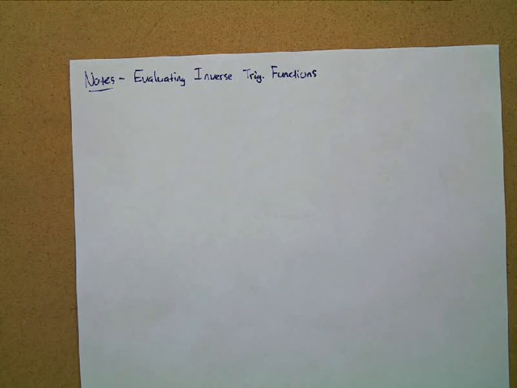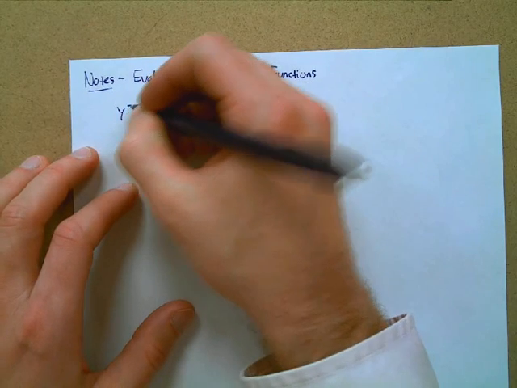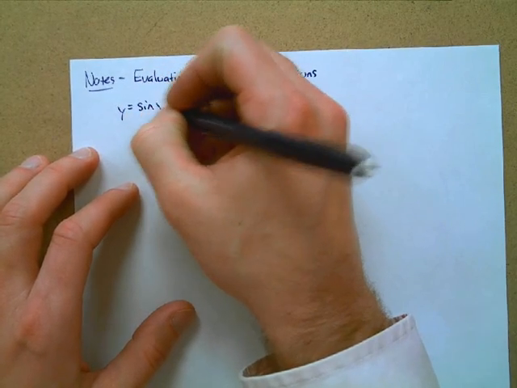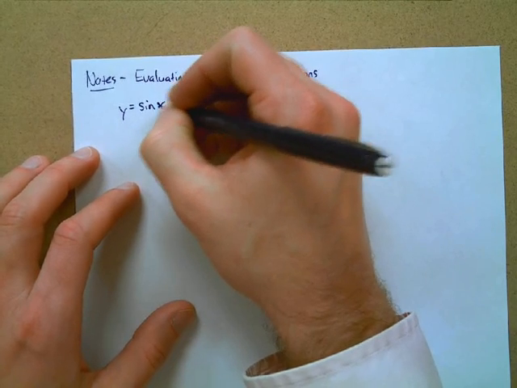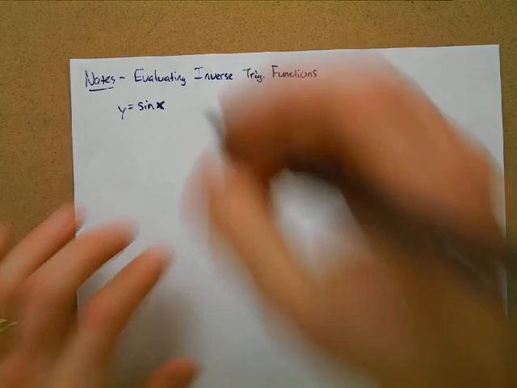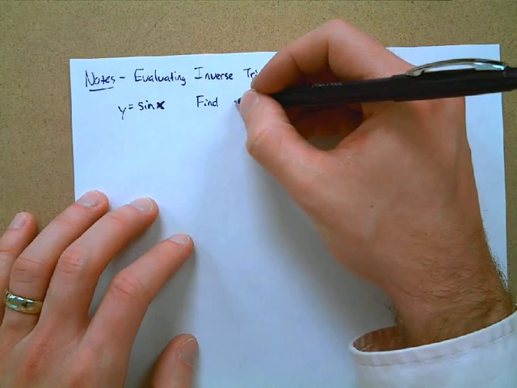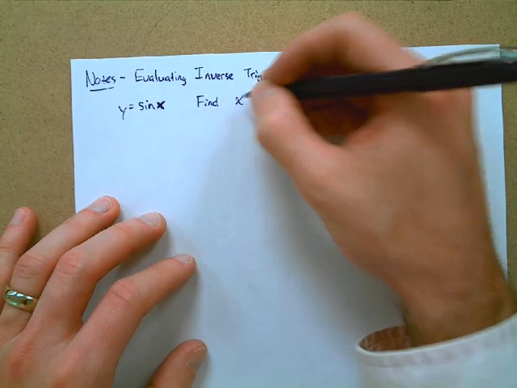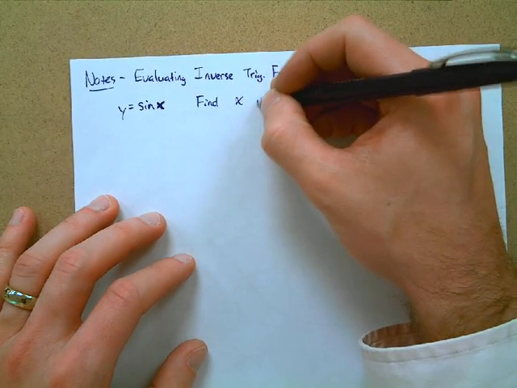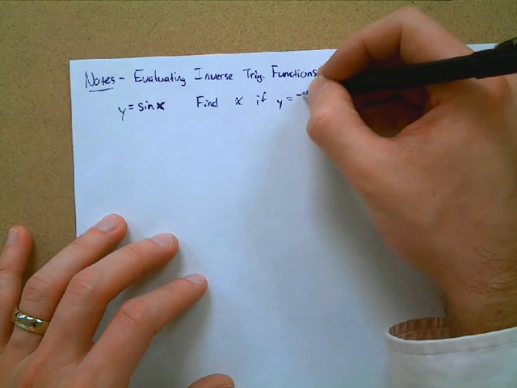Inverse trig functions are the inverse of our trig functions, okay? So, for example, let's say that we've got y equals the sine of x as our equation there. And let's say we want to find the x value if y is, I don't know, negative 3/4 or something like that.